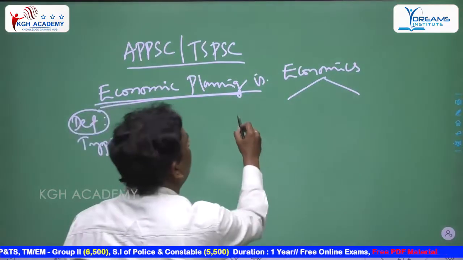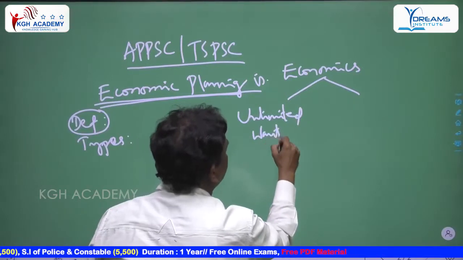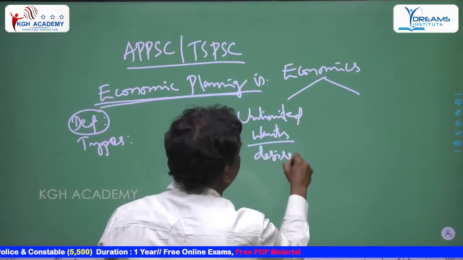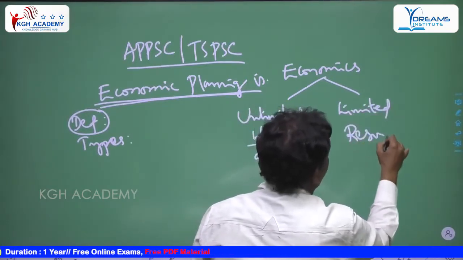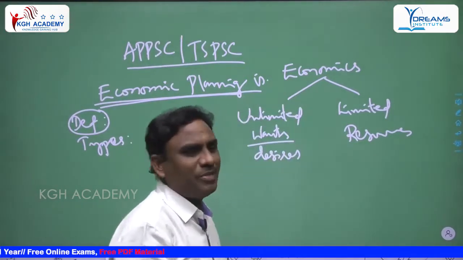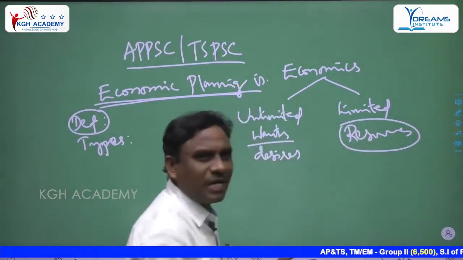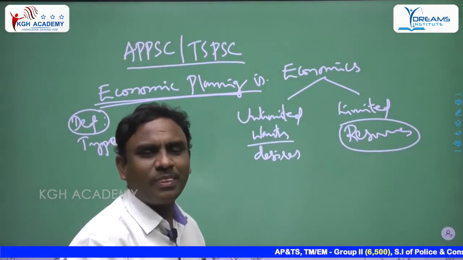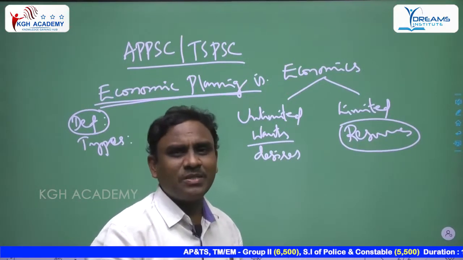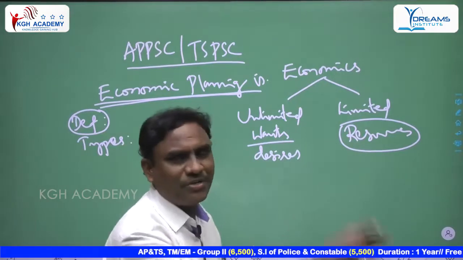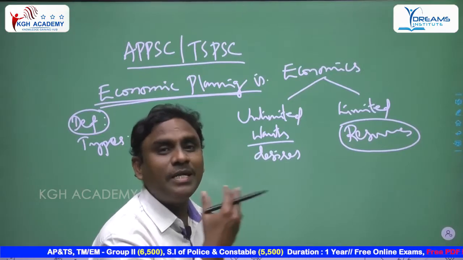First one is unlimited wants or desires. Second one is limited resources. How is it justified between these two? Resources are very limited, like land, labor, capital, organizers, and natural resources. All these are very limited. But desires and wants are unlimited.